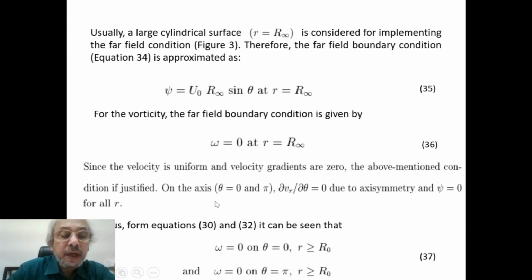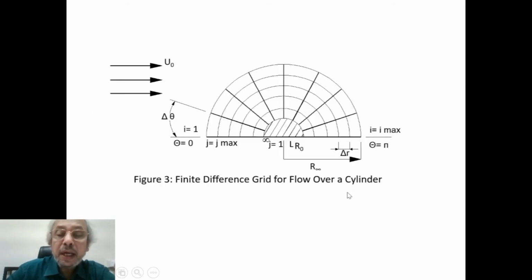On the axis, theta equal to 0 and pi, ∂Vr/∂θ equal to 0 due to axis symmetry. So on the axis, ∂Vr/∂θ is 0 because theta is the variation in this direction.